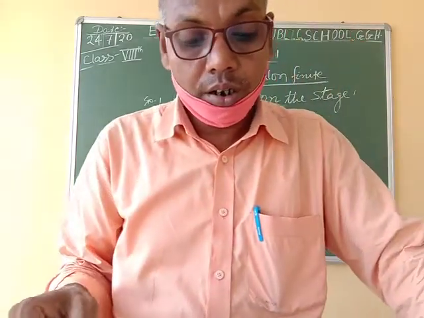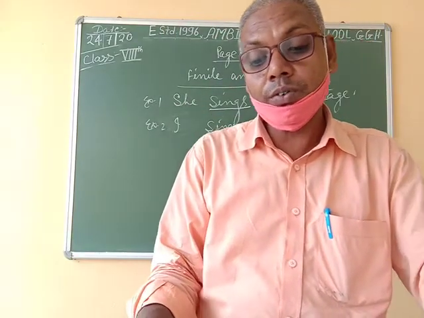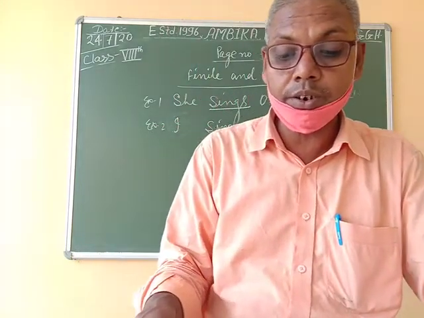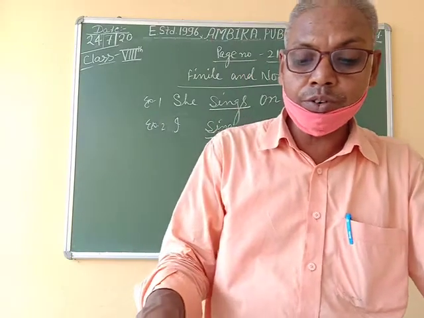And exercise A on page number 21: for each of the following sentences, write whether the word or phrase in bold is a participle, gerund or infinitive. These three parts you have to search.